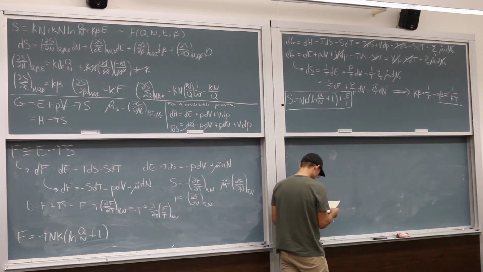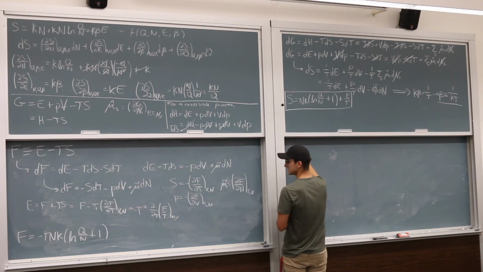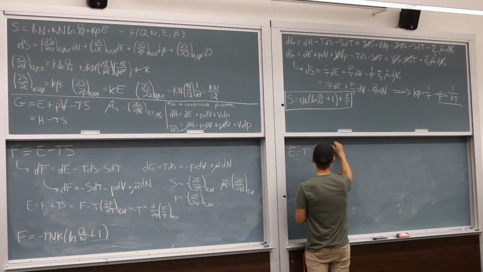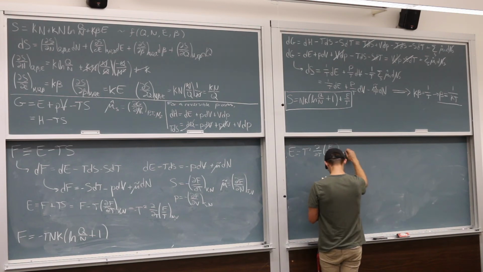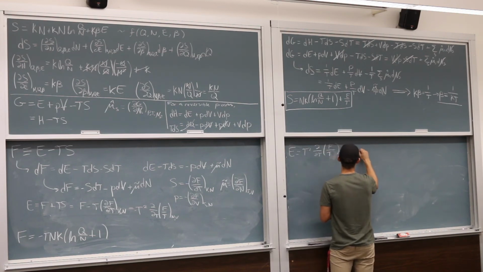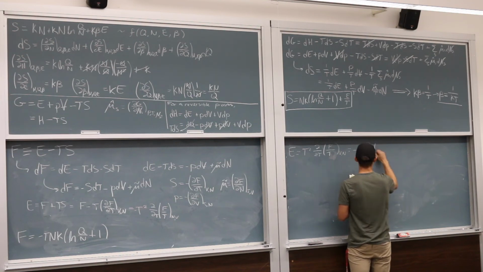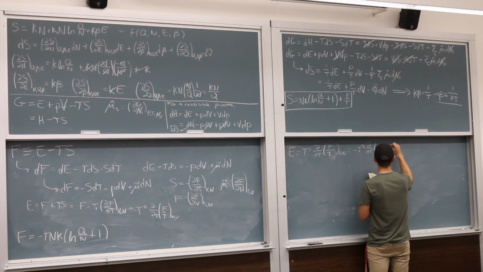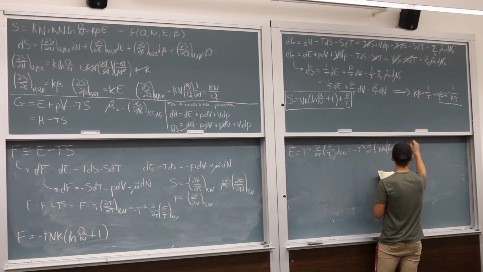Okay, so we have that E is equal to T squared d/dT of F over T, holding V and N constant. This is equal to minus T squared d/dT of minus N K natural log of Q over N minus 1.